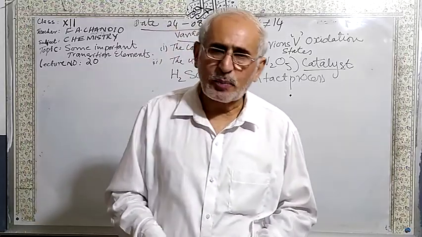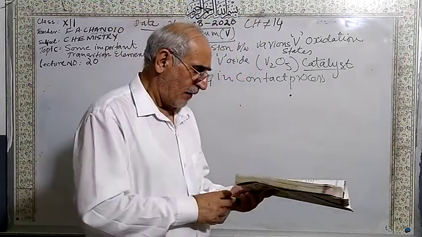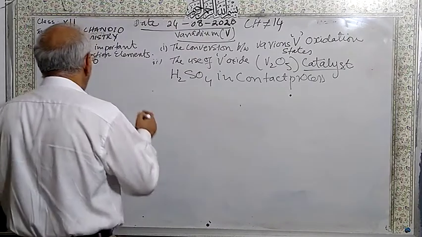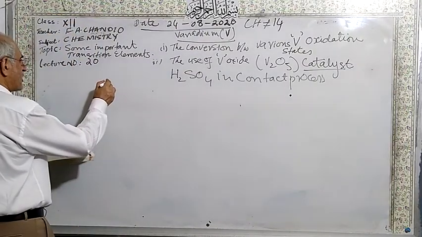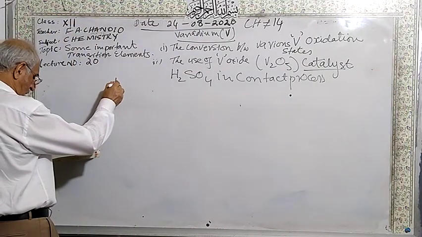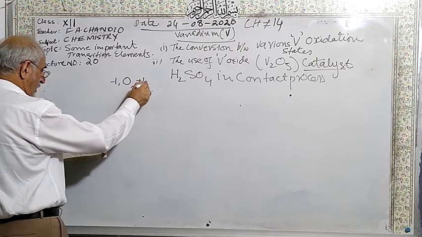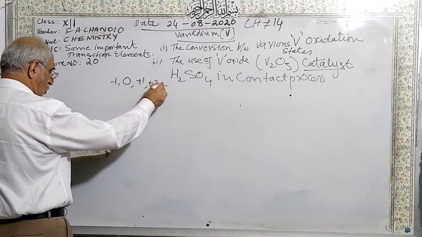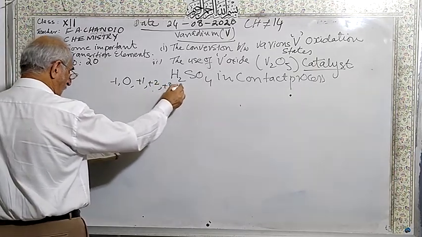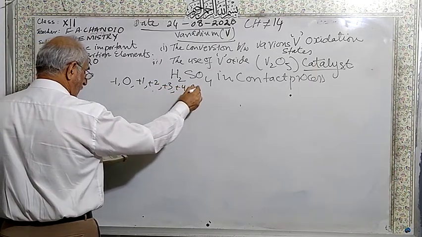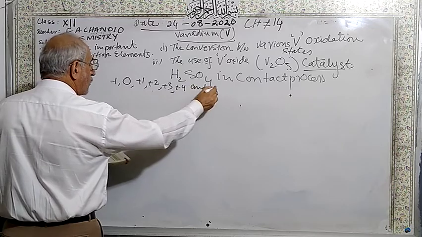If you see your book, vanadium shows many oxidation states: -1, 0, +1, +2, +3, +4, and +5.